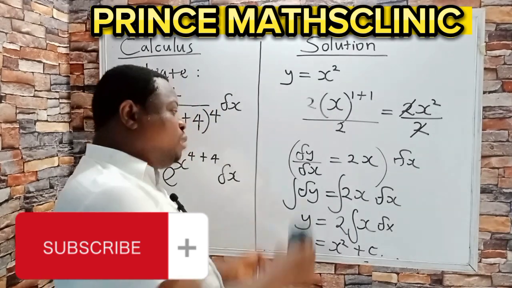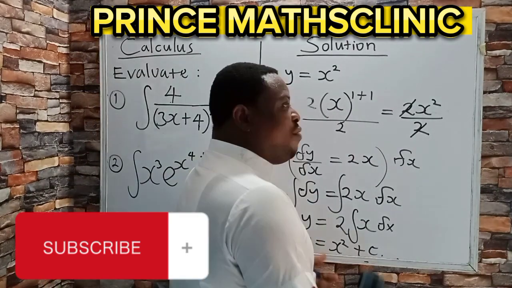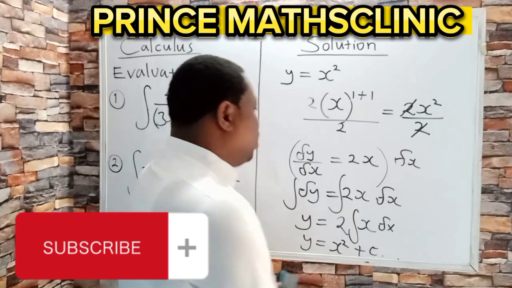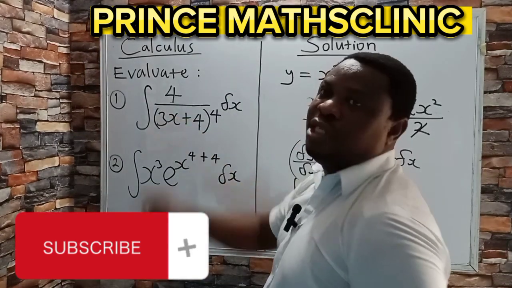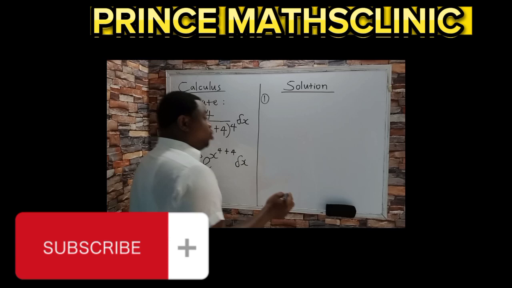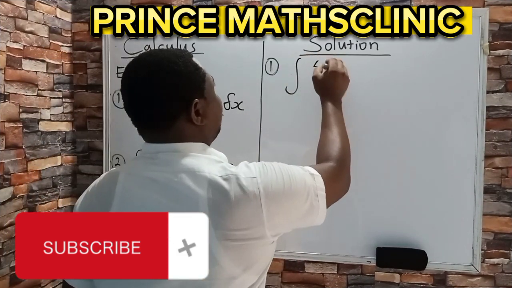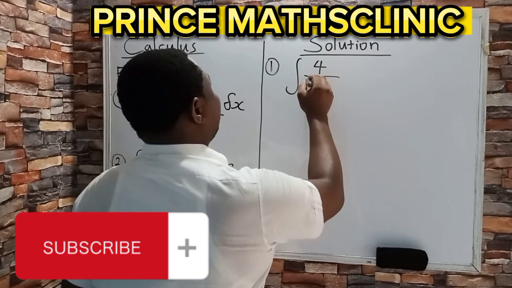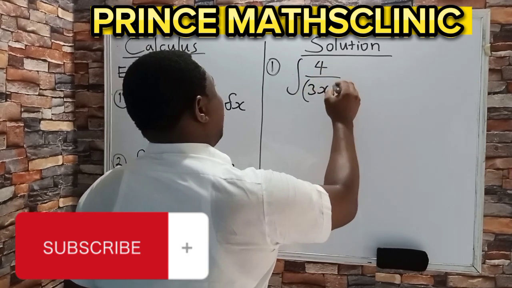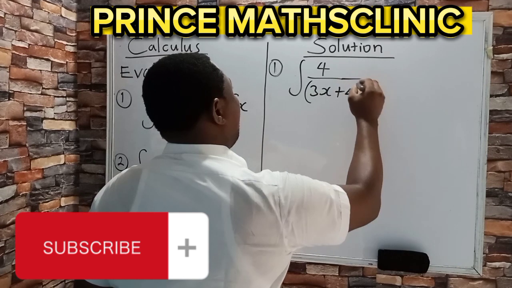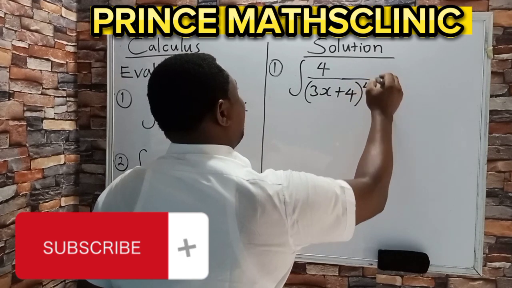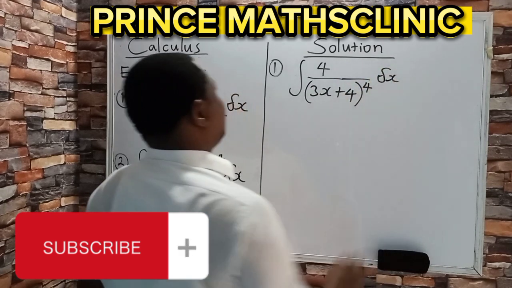So I'm going to use this principle that we have just exercised to solve this set of questions. In doing this, write out the question: the integral of 4 divided by 3x plus 4 all to the power of 4, dx.